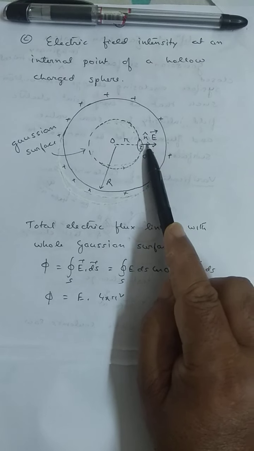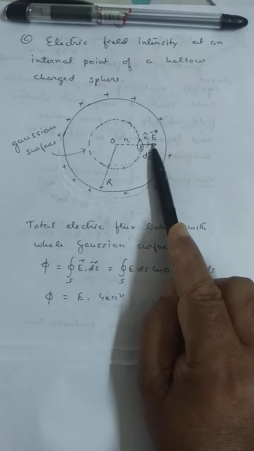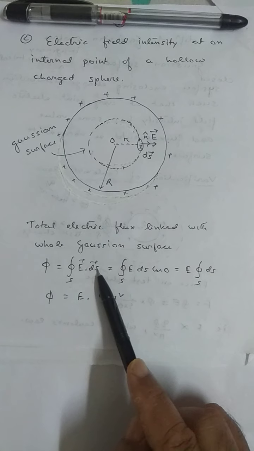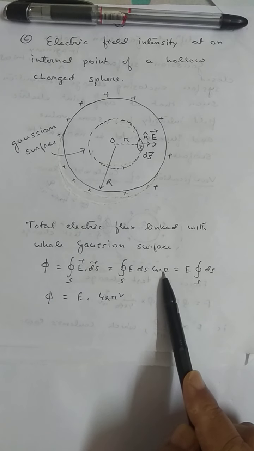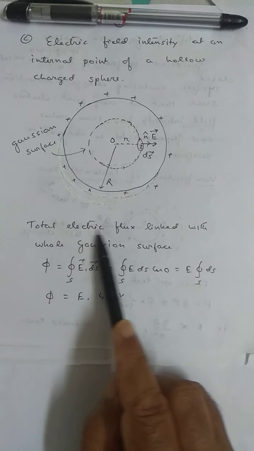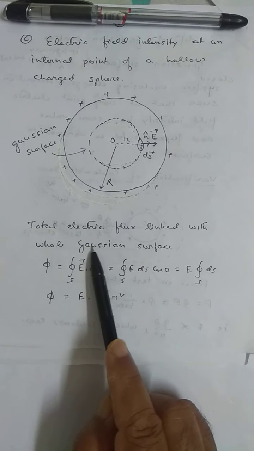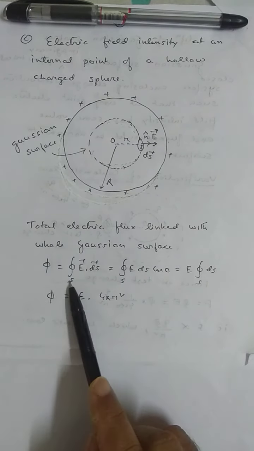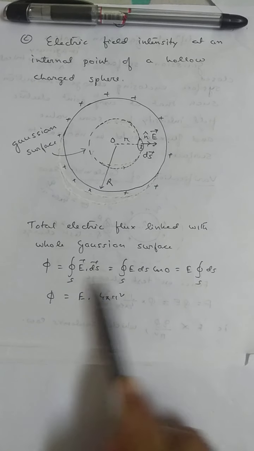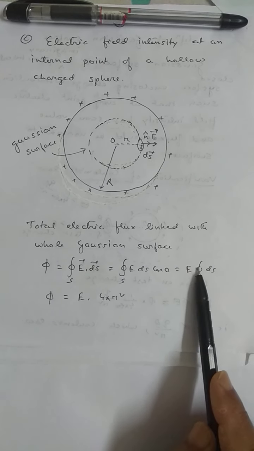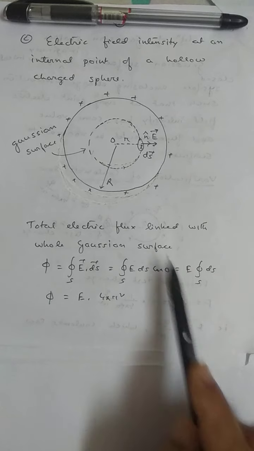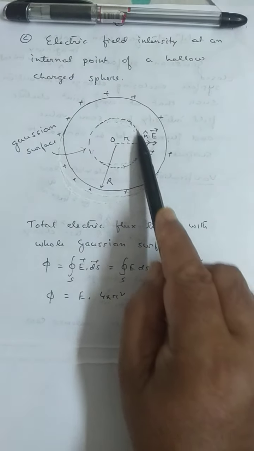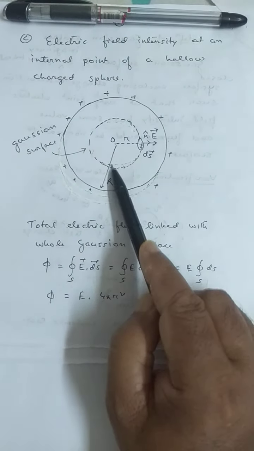So what is the angle between them? It is 0. So therefore, what is E dot dS? It is E dS cos 0, as previously. Here I calculate the total electric flux linked to the whole Gaussian surface. So therefore, integration over S. E comes outside the integration because at every point electric field has the same value.